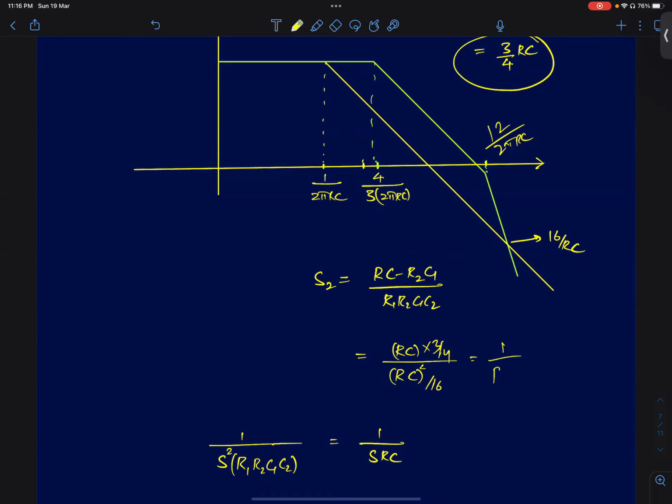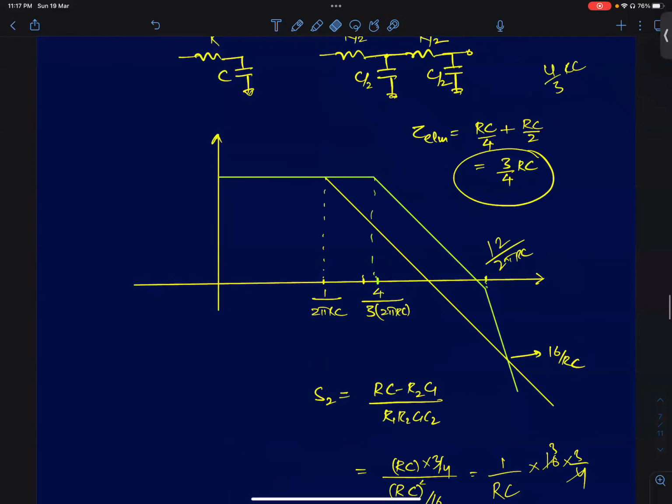So what you get is 1 by RC into 16 into 3 by 4, so 9 by RC. So the second pole occurs at 9 by 2 pi RC. So that's the overall response of this system.